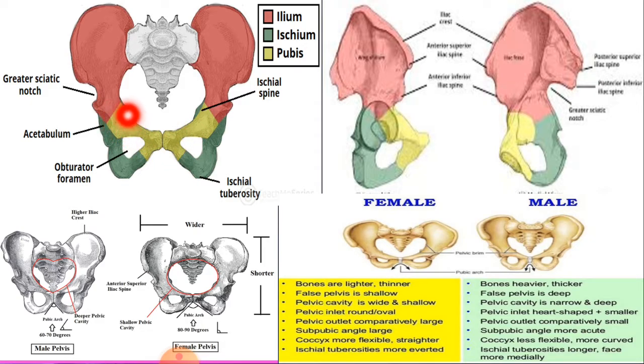So these are the iliopectineal lines, and this is the promontory of the sacrum. Above this, the part of the pelvis is called the false pelvis, and below this is called the true pelvis.